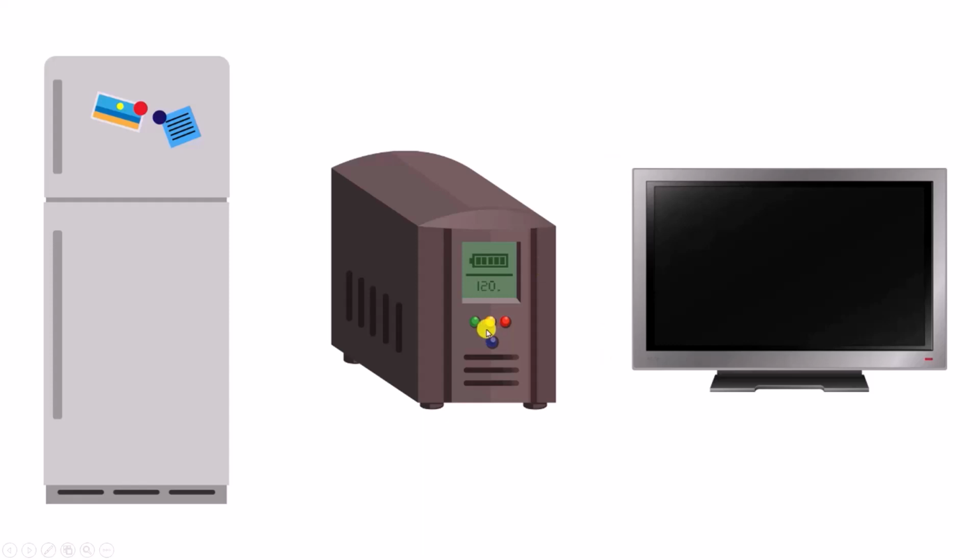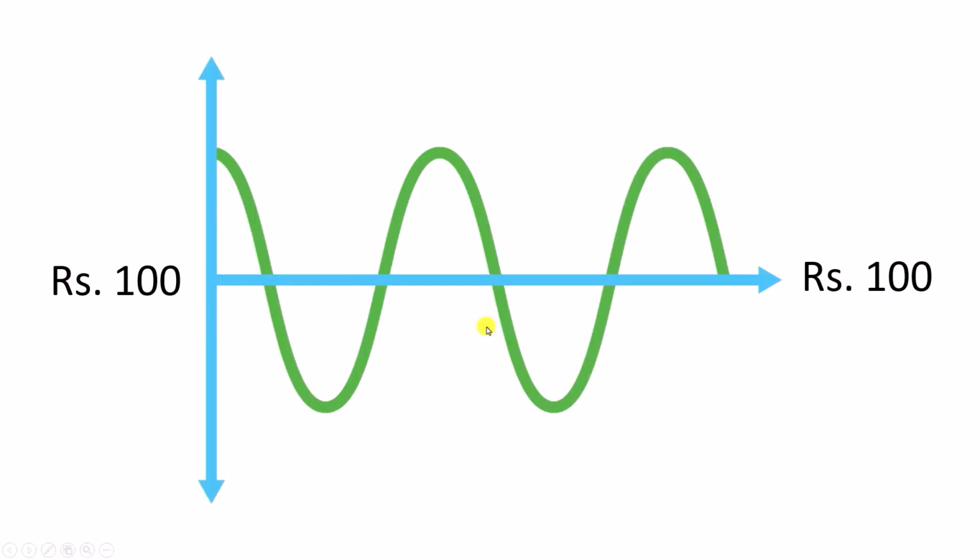Now coming to our stock, there is a normal average price at which the stock is trading. The stock may fluctuate up and down.